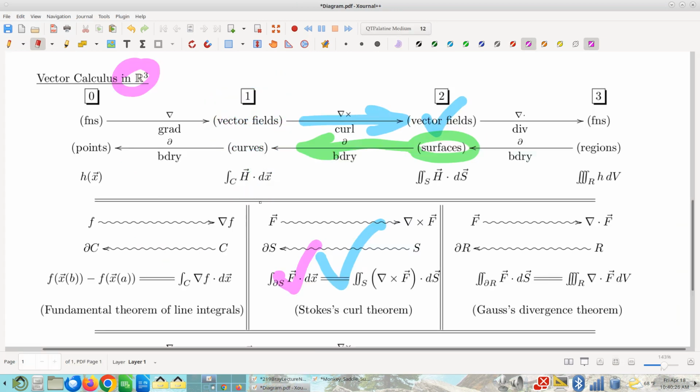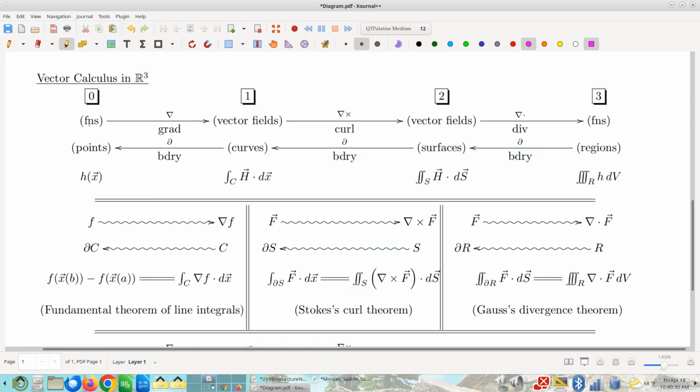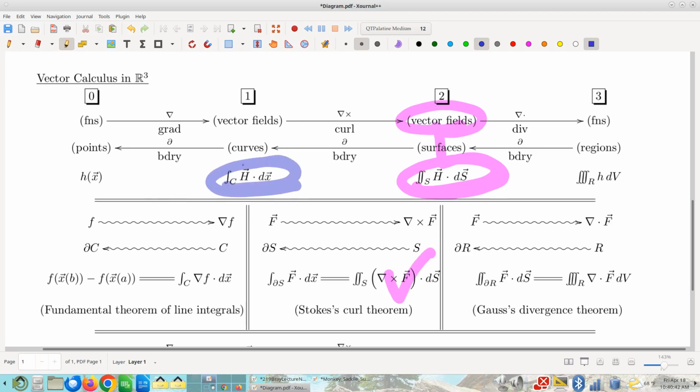The diagram offers a straightforward, almost effortless, free way to avoid these kinds of mistakes. If you've been asked to compute a flux of some vector field, and you're going to do so by computing a line integral, it says right here that that vector field should be the one whose curl is what you were given.